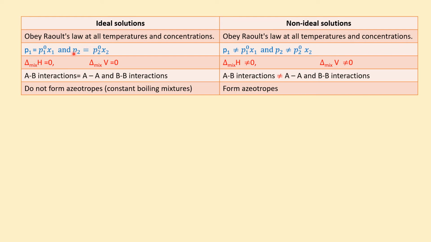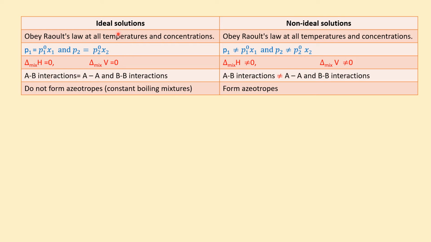In the case of ideal solutions, P1 is equal to P1 naught x1 and P2 is equal to P2 naught x2, where P is the vapor pressure and P1 naught is for the pure component. And for non-ideal solutions, P1 is not equal to P1 naught x1 and P2 is not equal to P2 naught x2.